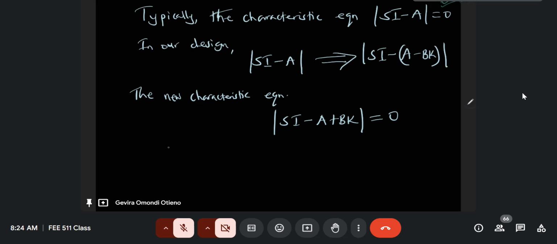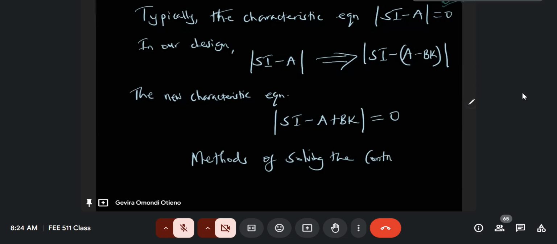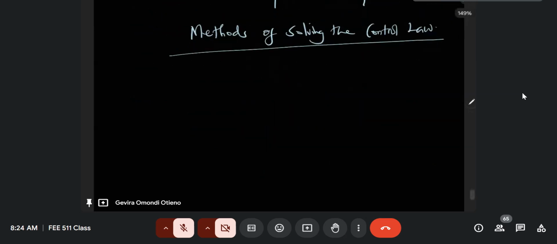Now, when I concluded the 1 hour class, we said that there are basically 3 methods of solving the control law. So the basis of my class today is to quickly show you the 3 methods. The first one that we mentioned was the matching coefficient method.